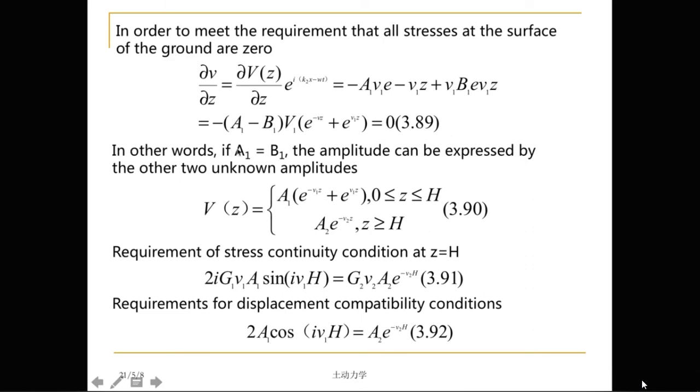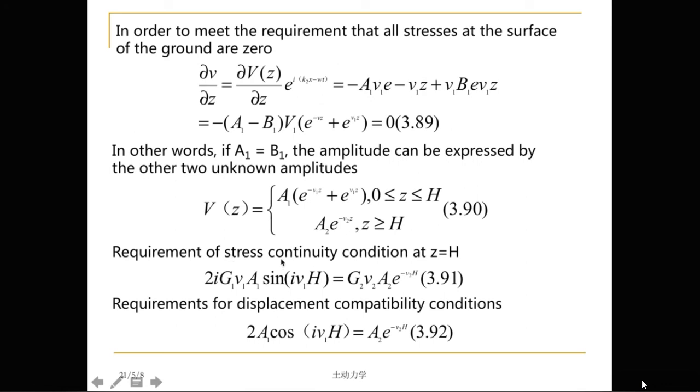In other words, if A1 equals B1, the amplitude can be expressed by the other two unknown amplitudes. V(z) equals A1 times e to the power negative V1 z plus e to the power V1 z. This is for the depth from 0 to H. If depth is larger than that, V(z) equals A2 times e to the power negative V2 z.